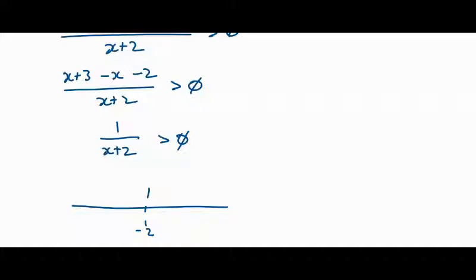I just test one side, test the other side. It has one solution. It's negative there and positive there. So x greater than -2 is our solution. That part is all the same as before once you get it into this form.